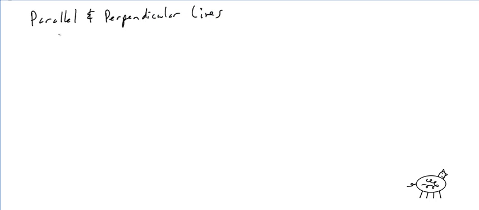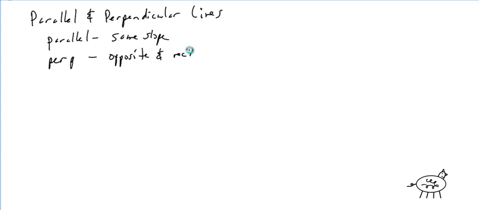When we did vectors, we kind of talked about this already. But parallel means same slope, and perpendicular, remember, it's opposite and reciprocal slope.